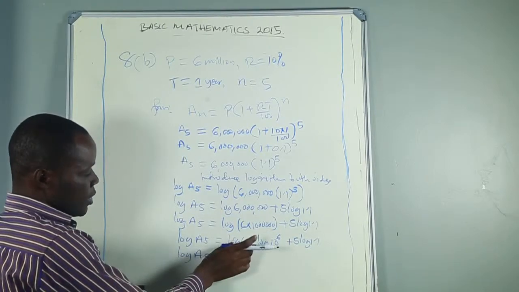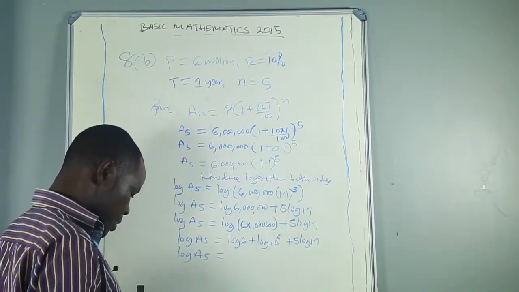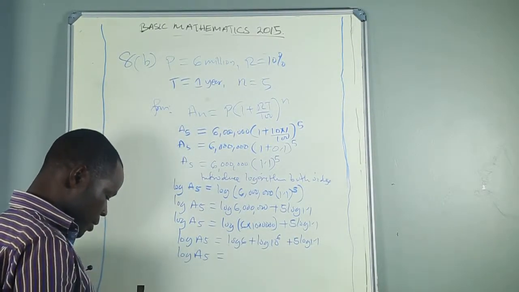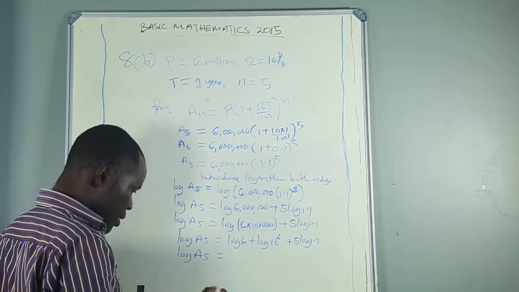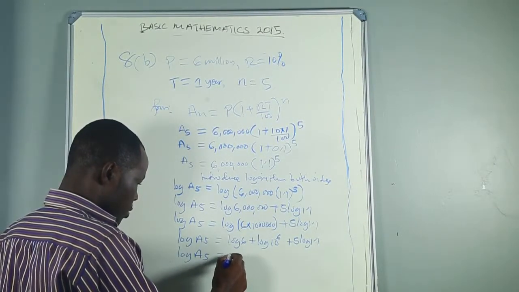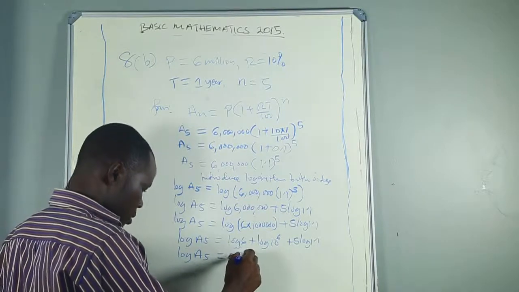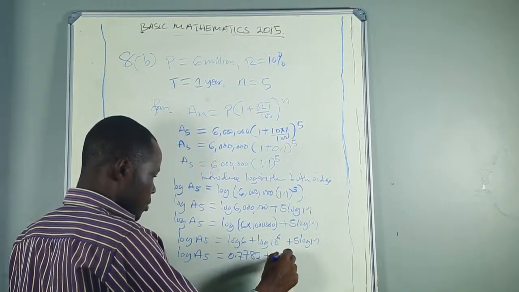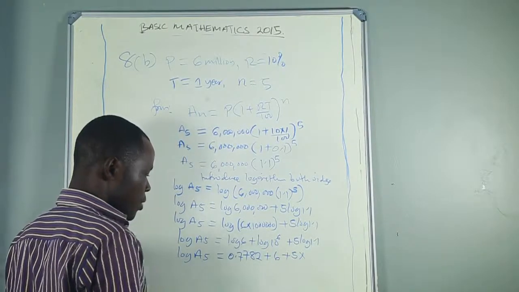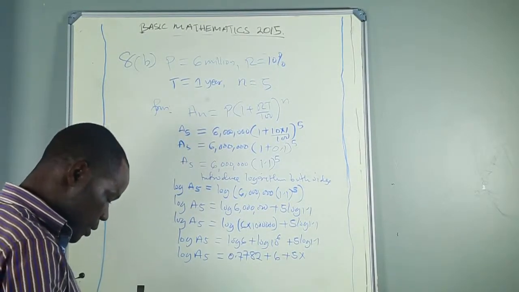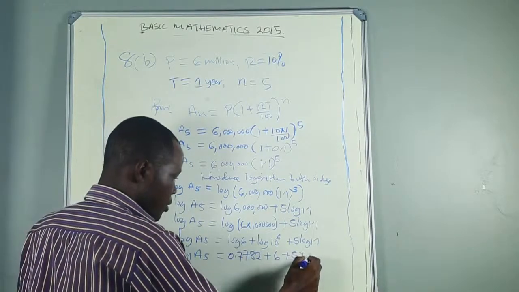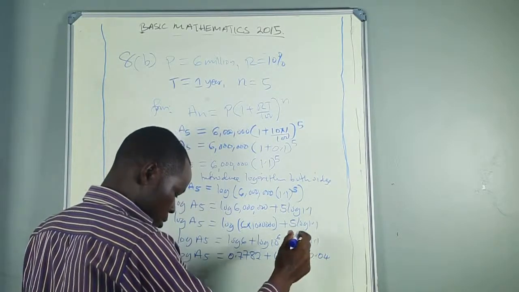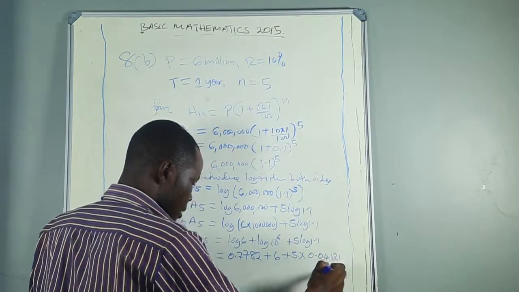When you read log 6 from mathematical tables, log 6 is 0.7782. Then plus 6 plus 5 times log 1.1, which is 0.0413.